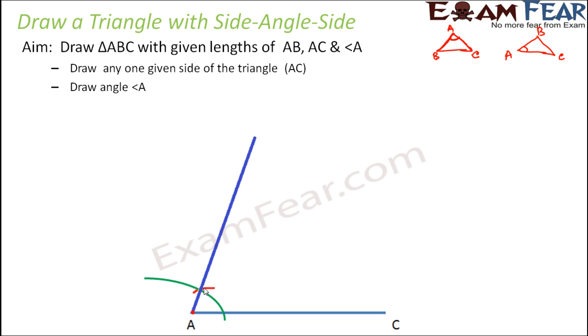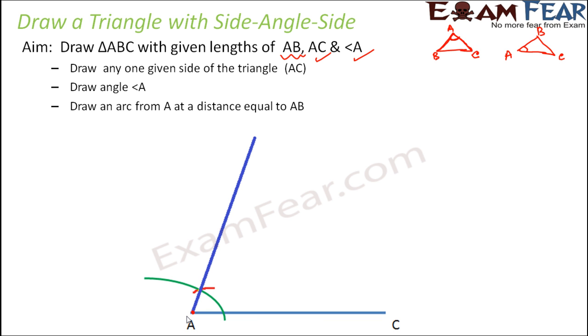Perfect. Now what is the other value that is known to us? We have already drawn AC, we have already drawn angle A. So we are left with AB. So point B would be somewhere on this line maybe. How do we know where the point B will be located? For that, we draw an arc from A at a distance equal to AB.